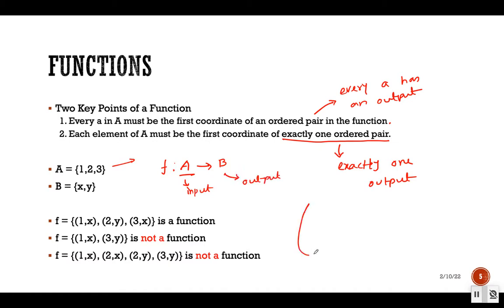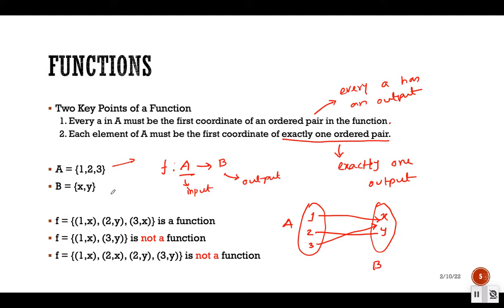If we draw the figure it will look like that: 1, 2, 3, that's our A, and x and y, that's our B. The first one, (1,x), (2,y), (3,x), is it a function? So let's draw that. 1x, 2y, 3x.